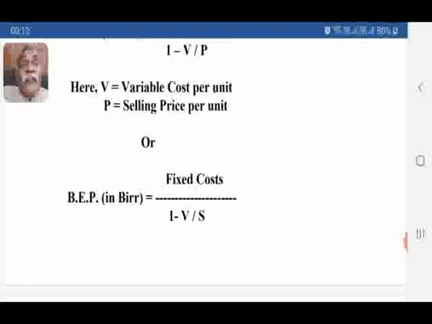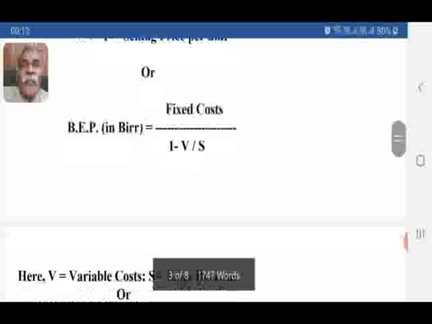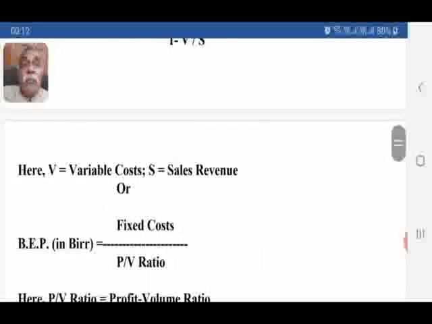Or fixed cost divided by 1 minus V divided by P is, you can say, as S, that is selling price. So V is variable cost, S is sales revenues.